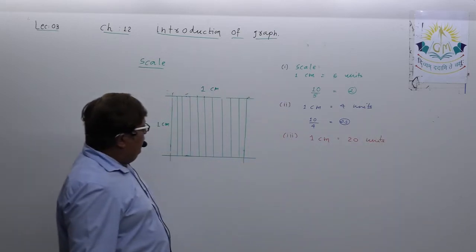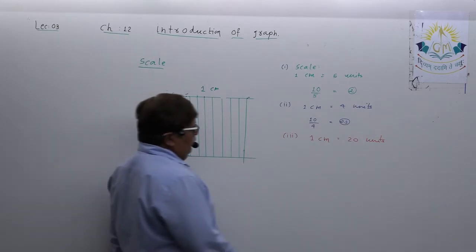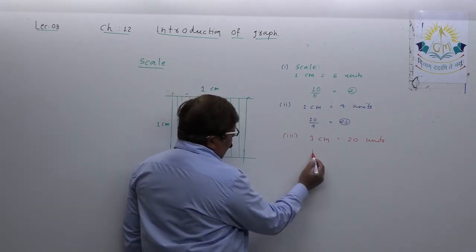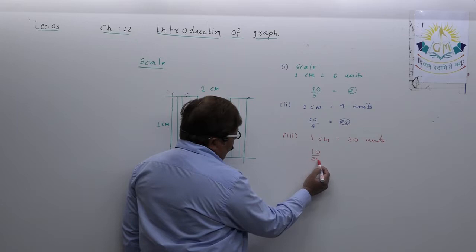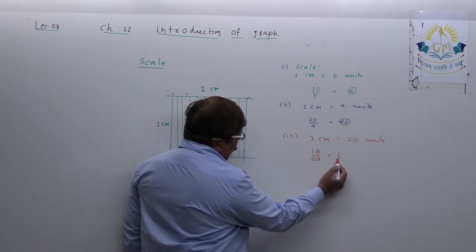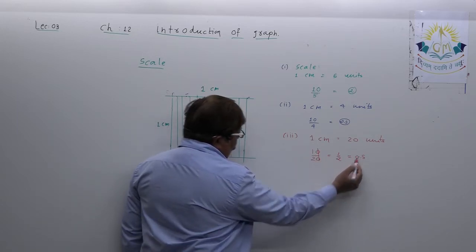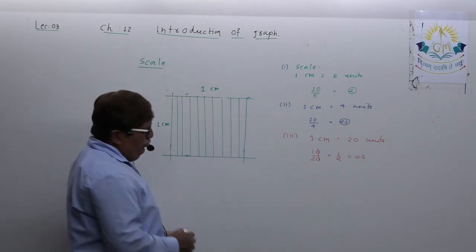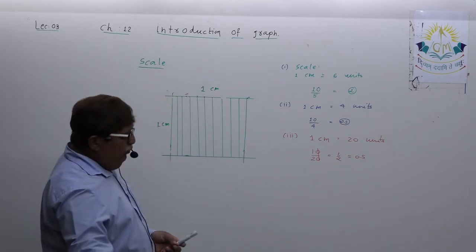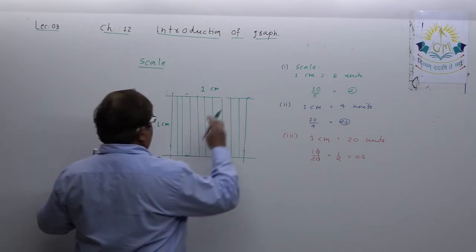Then how many lines will constitute 1? So basic 10 divided by 20, cancel, 1 upon 2, 0.5. So every 0.5 will constitute 1 here.